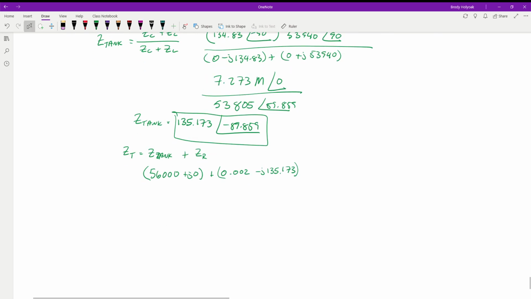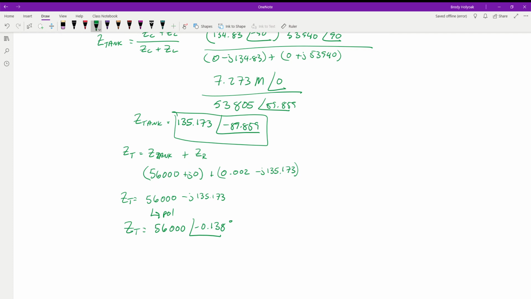When that's all said and done, Z total is equal to 56,000 minus J 135.173. That 0.002 isn't going to do anything, so we're just going to drop it. We convert that into polar. Our impedance total of this circuit comes out to be 56,000 ohms at an angle of negative 0.138 degrees.